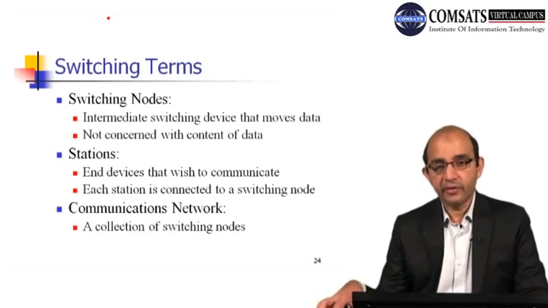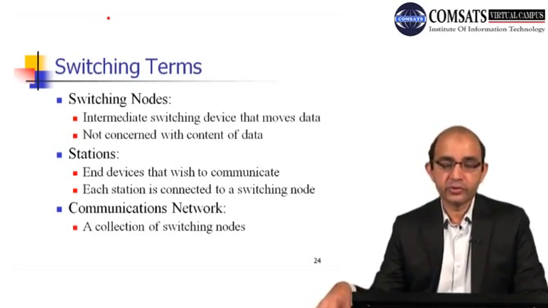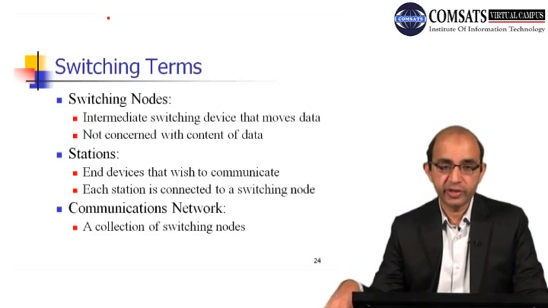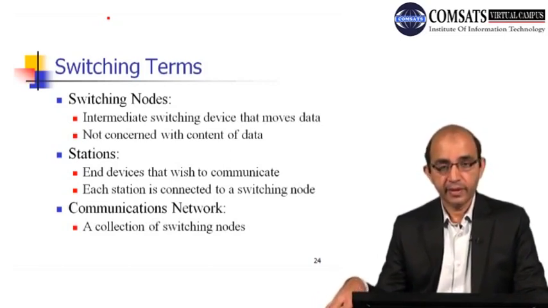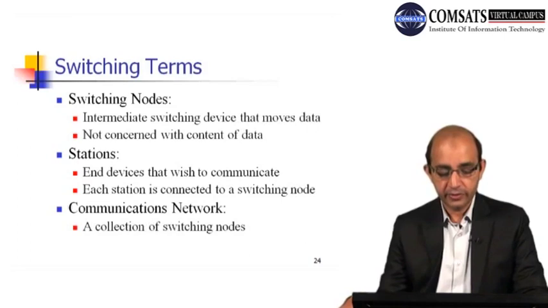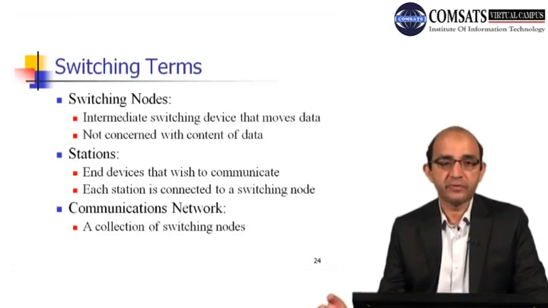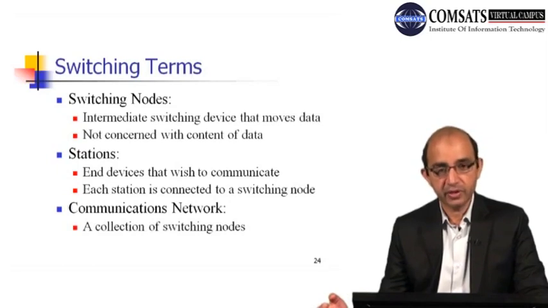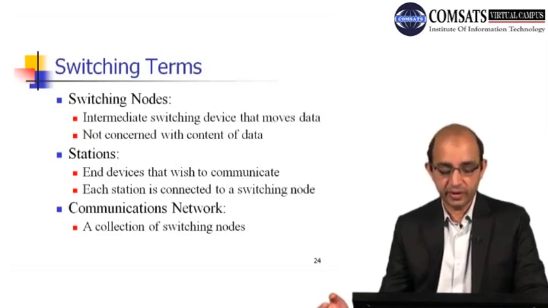And if I join those two different devices, switching nodes and stations, via some physical media, I will have a communication infrastructure, right? So you can define a communication network.